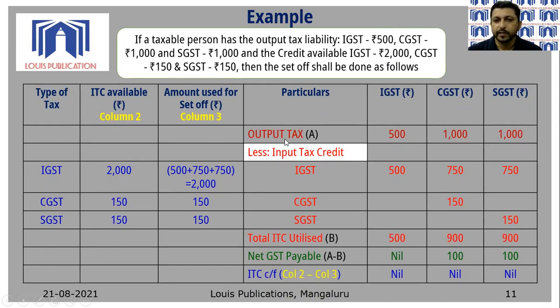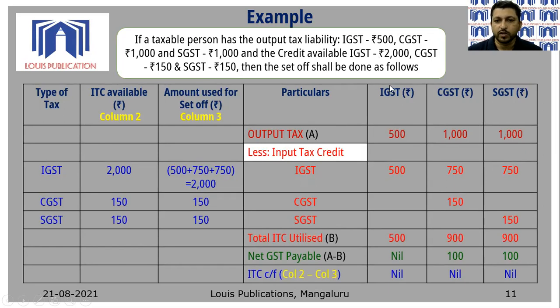Let's come this side. There is an output tax. Output tax is nothing but the liability which is to be paid. You know, how much is the amount that is collected on outward supply. So IGST liability, there is 500 rupees. CGST liability is 1,000 rupees and SGST liability is 1,000 rupees. Then we take less input tax credit. How do we calculate that?